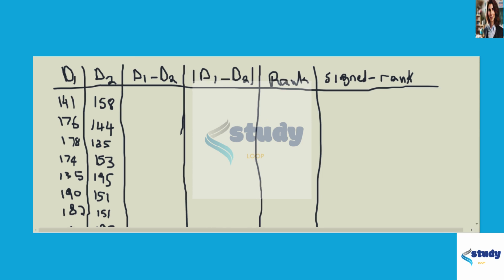Question: we are doing the Wilcoxon signed rank test. So we must first complete the table, finding the difference between D1 and D2.